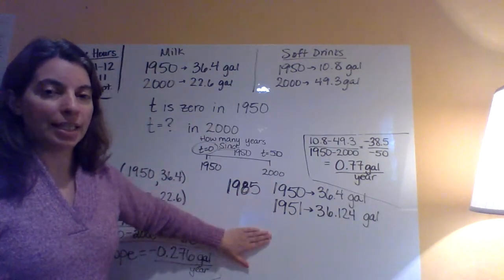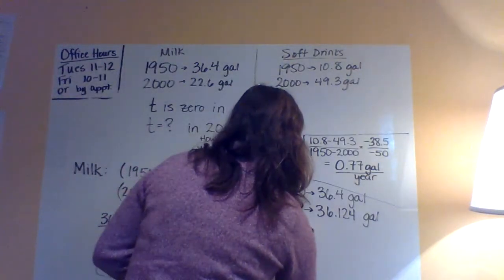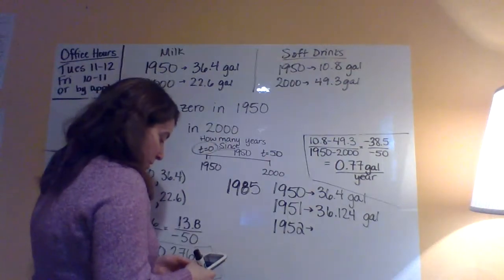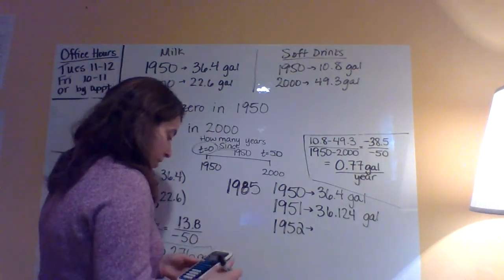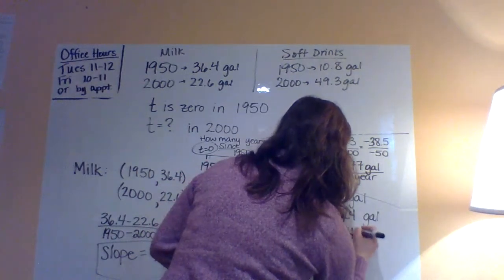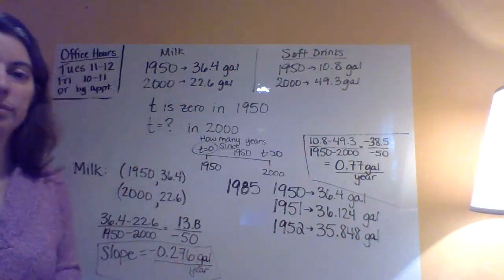How would I find 1952's amount? Well, I would take what they had in 1951 and I would subtract 0.276 and I would get 35.848 gallons. Right?